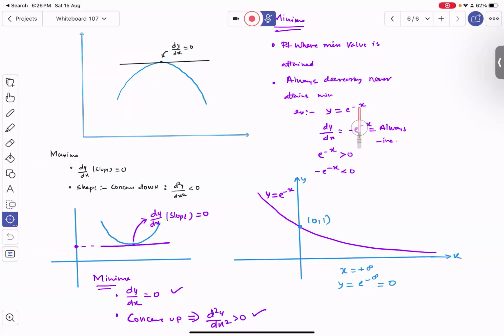So it is a theoretical thing, not that it will literally get infinity. It means the more x is near to infinity, the more y will be near to 0. So this curve will tend to touch the x-axis at infinity. So the x-axis is an asymptote to this curve.